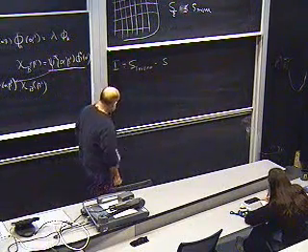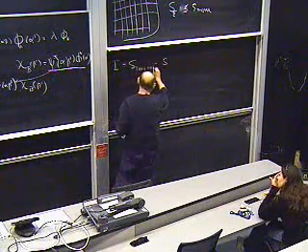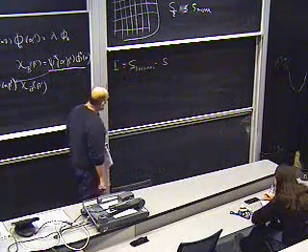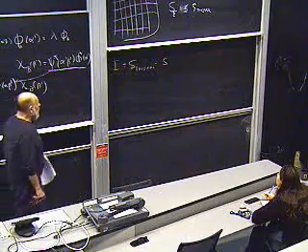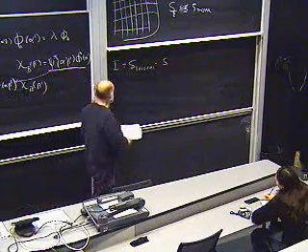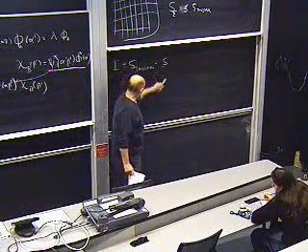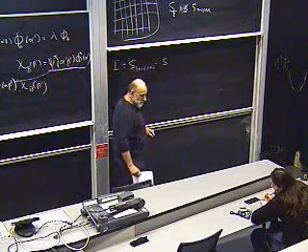This is what I call the information. The thermal entropy is always bigger, and the difference between it and the actual entropy is called the information.